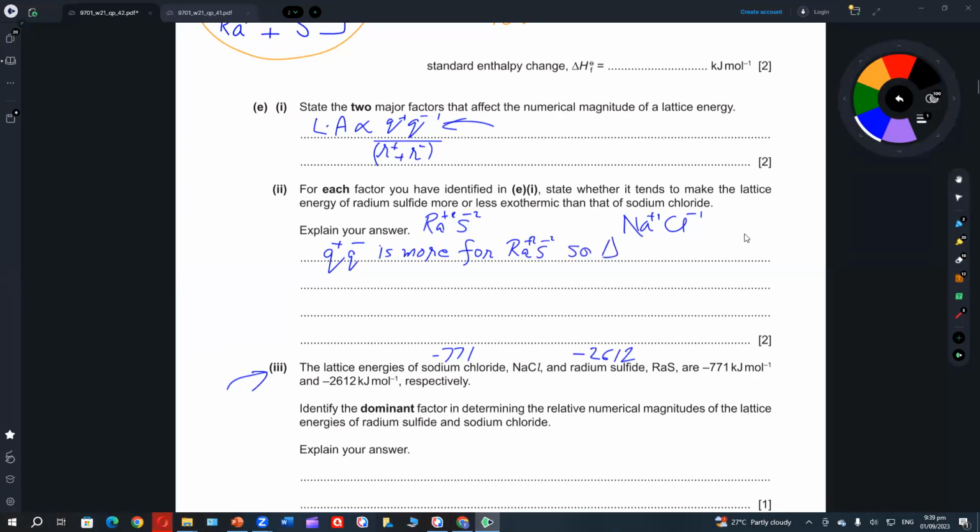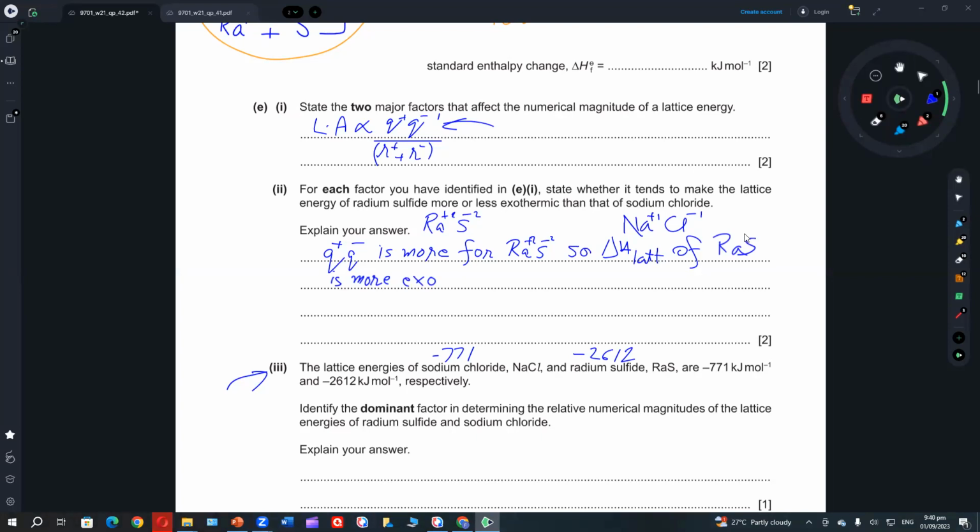So delta H lattice of RaS is more. The product of charges favors RaS being more exothermic.